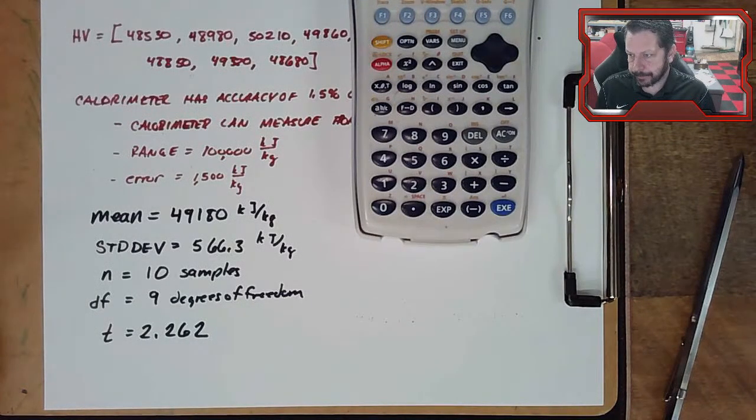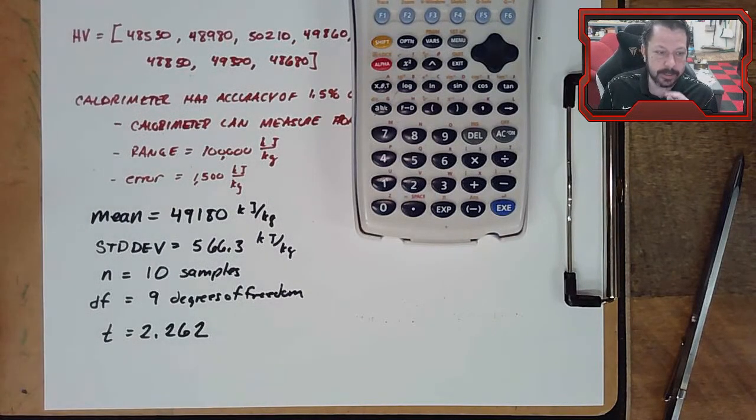Now, if you were in Python, then you could get this number using the t-distribution ppf for that level of significance.